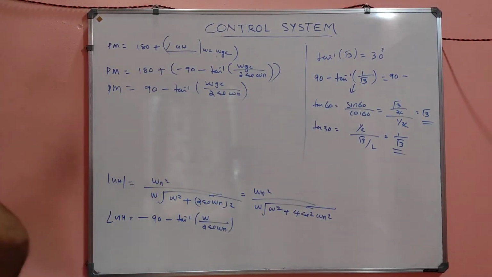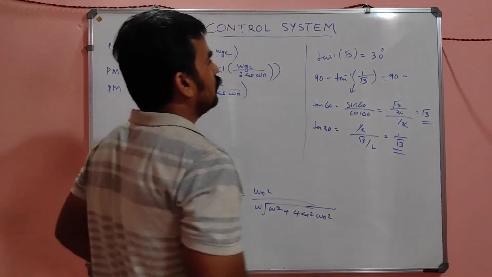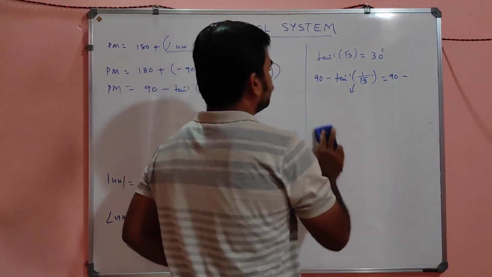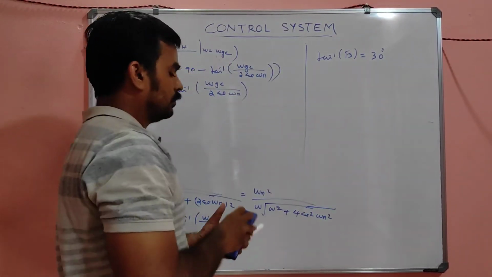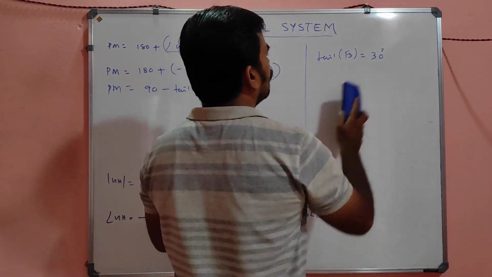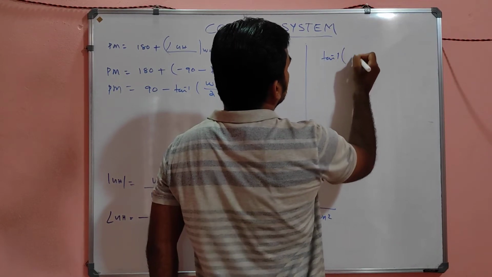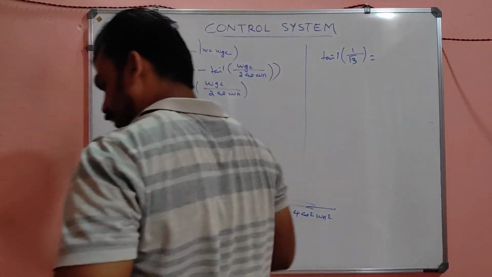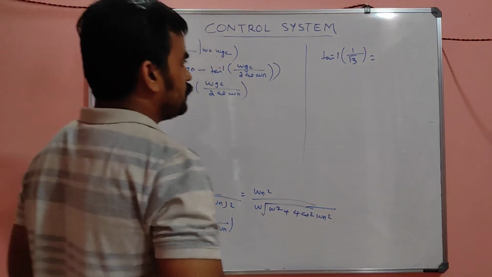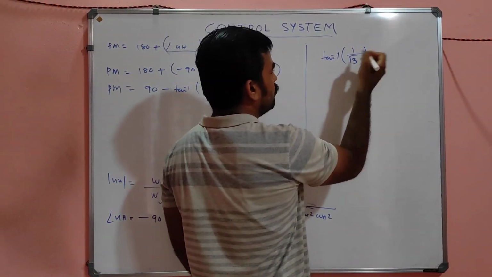Tan inverse 1 by root 3 is what first? What degree is tan inverse 1 by root 3?